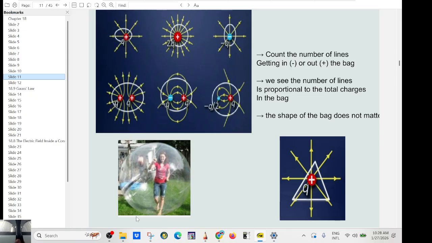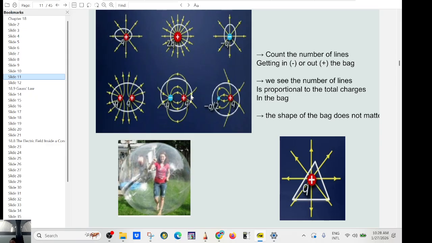But you see what it looks like. That's an imaginary bag. If you take an imaginary bag around those charges, you see that the number of lines poking through, which is the definition of flux, depends only on the amount of charge inside your imaginary bag. So you can visualize that. For example, if you have a dipole, you have 2 lines in, 2 lines out, so the flux will be equal to 0.